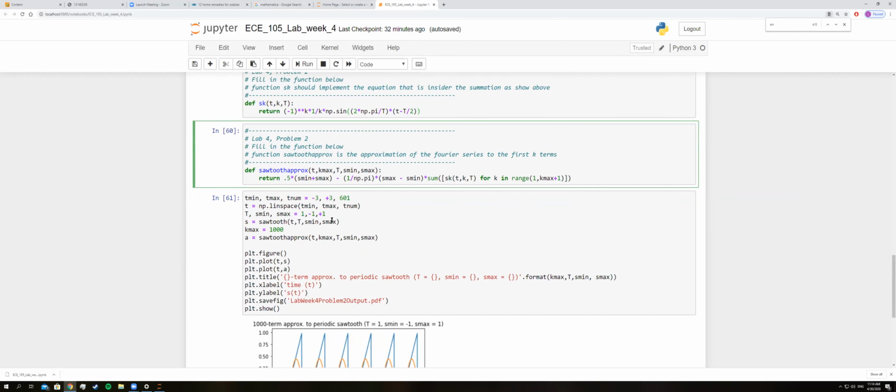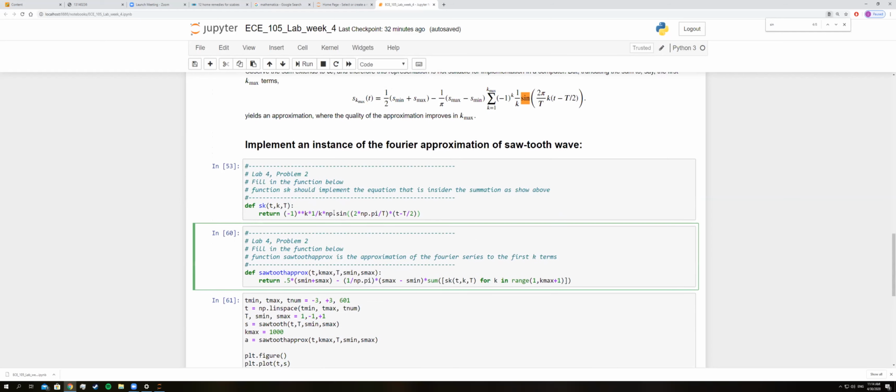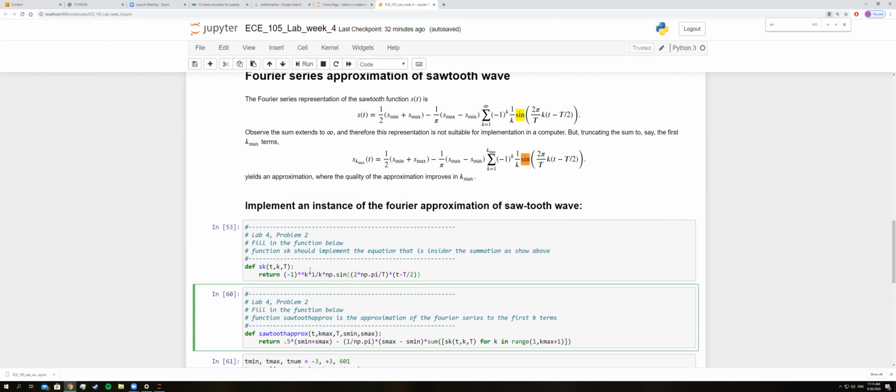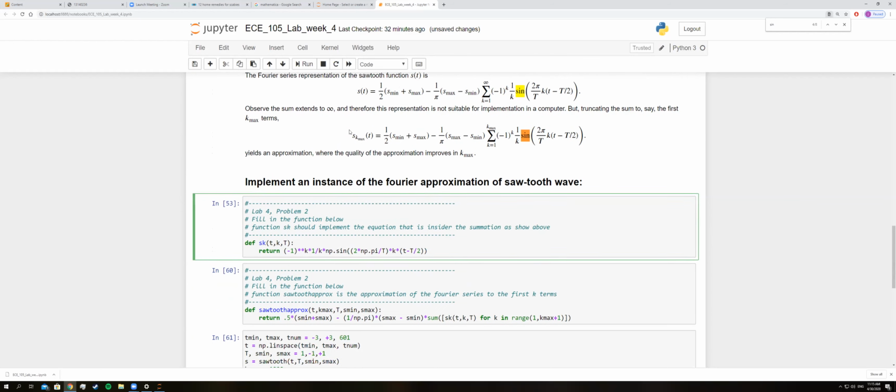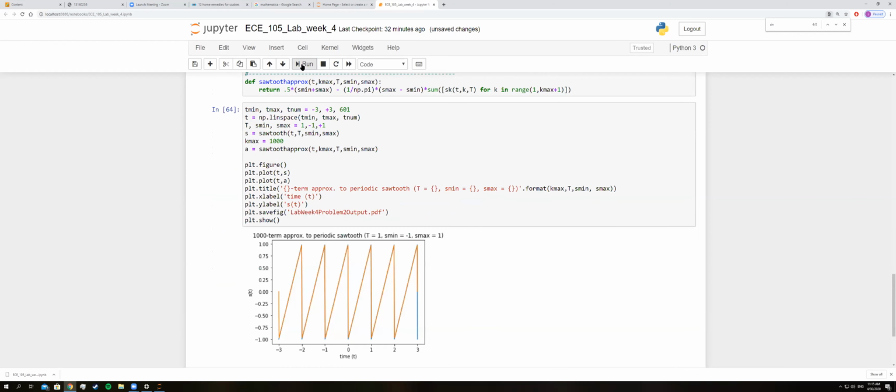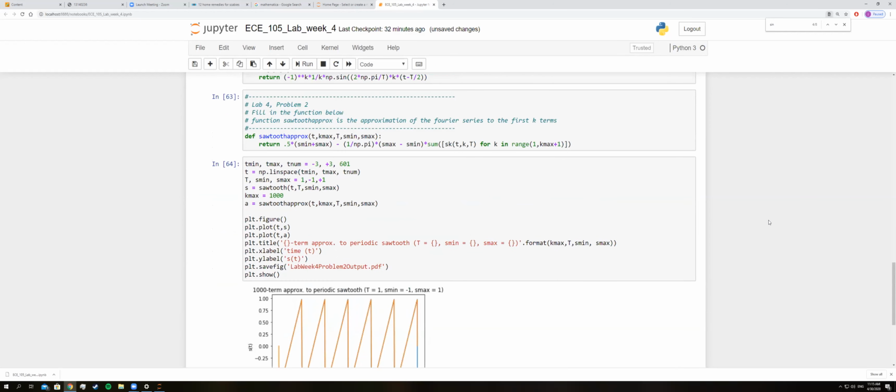You're missing a K over here, inside. So that's 2 pi over T times K times T minus. You don't have the K over there. What are you saying? 2 pi over T times K times T. Yeah, there you go. Oh, thanks. I guess I'm just dyslexic. Sorry. Don't worry about it.